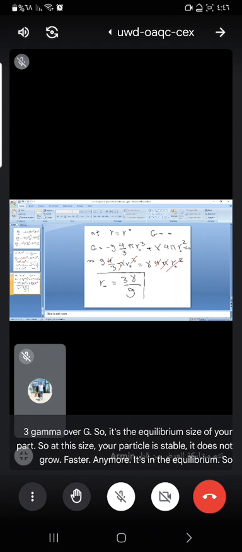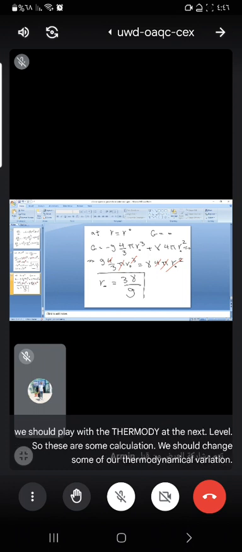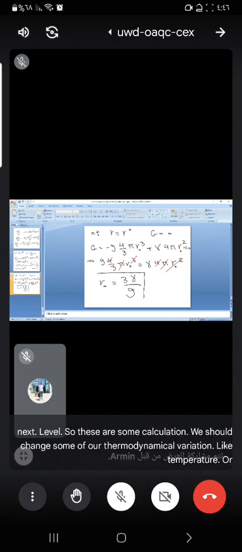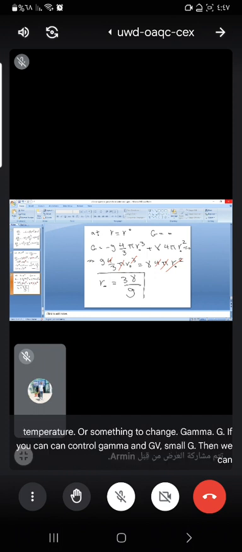So then we should play with the thermodynamics at the next level. These are some calculations. We should change some of our thermodynamical variables, like temperature, to change gamma and G. If we can control gamma and small g, then we can control the size of our particle.